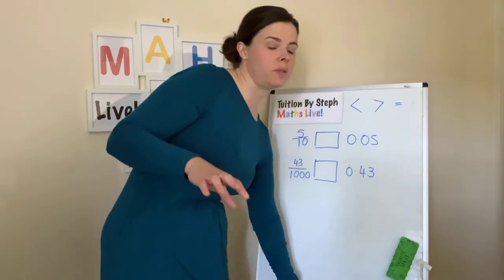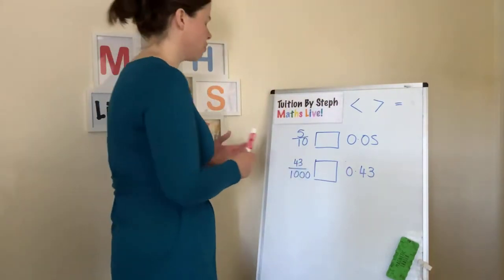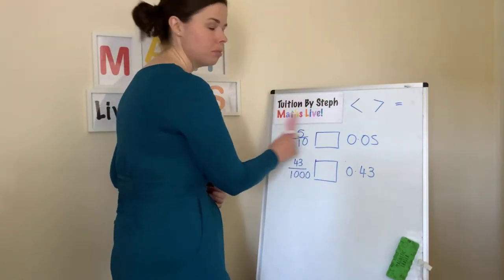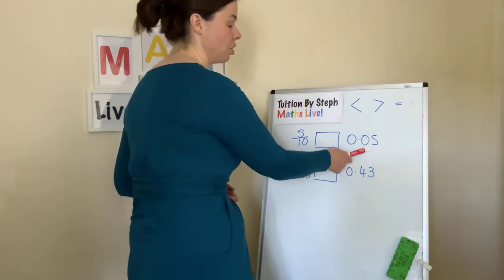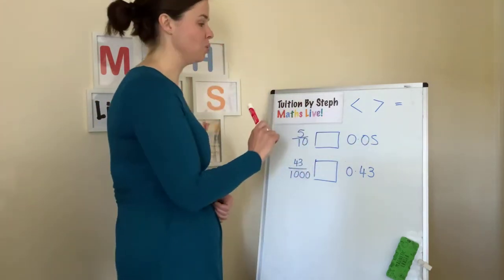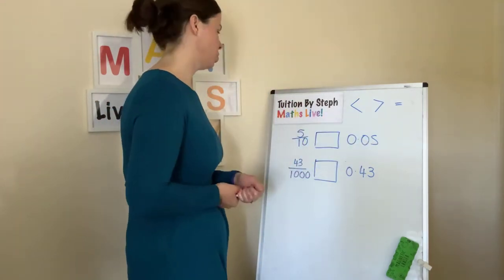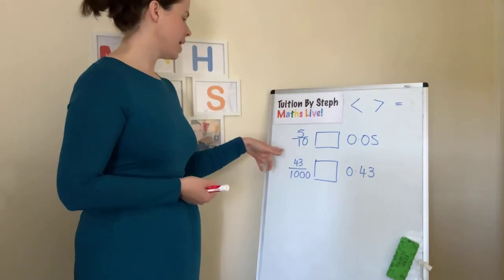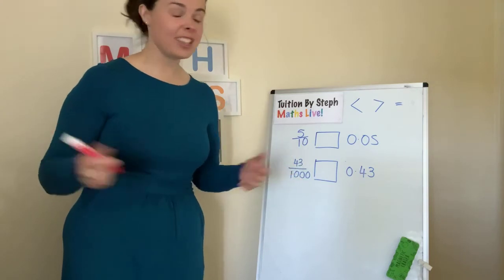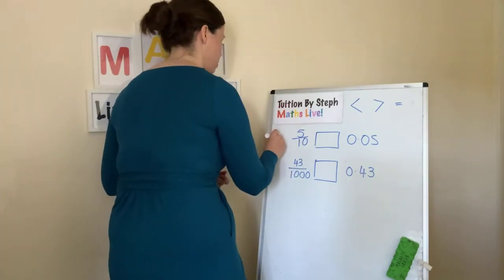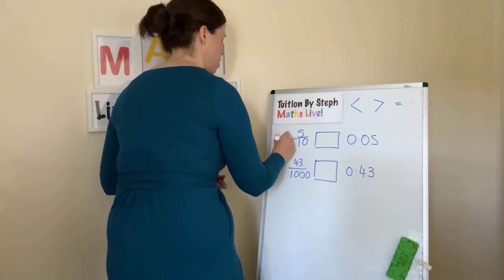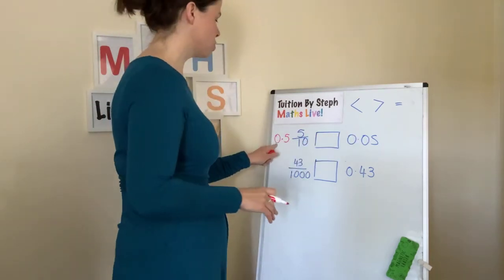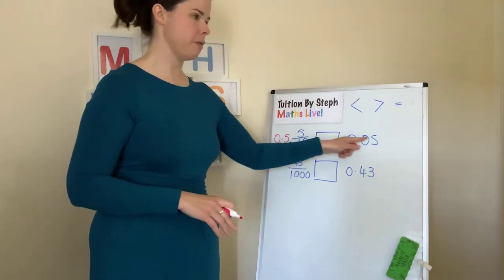Okay, so let's have a look. So again, two different ways of doing this. You could convert this into a decimal in order to compare, or you can convert this into a fraction in order to compare, and same with the bottom two. I'm going to convert 5/10 into a decimal. 5/10 is 0.5. So when I convert these, which one's bigger, 0.5 or 0.05?